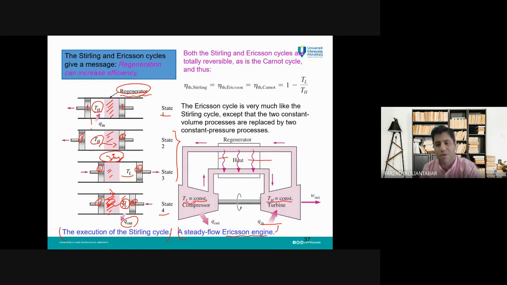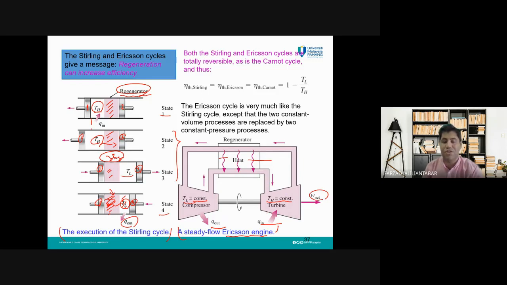In the turbine, we give the Q in to the working fluid. Its pressure will increase, and it will cause the rotation of the turbine, and work is produced. And it needs to go back to the compressor. Then we have heat rejection here, and this cycle will continue. But in the real world, we cannot have this arrangement.